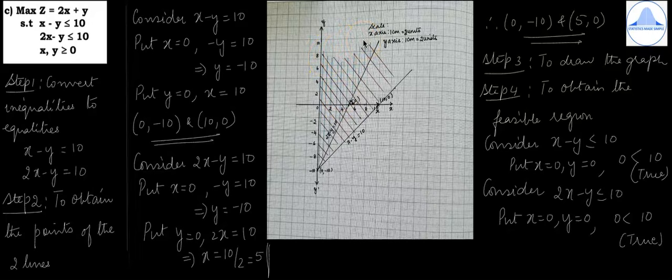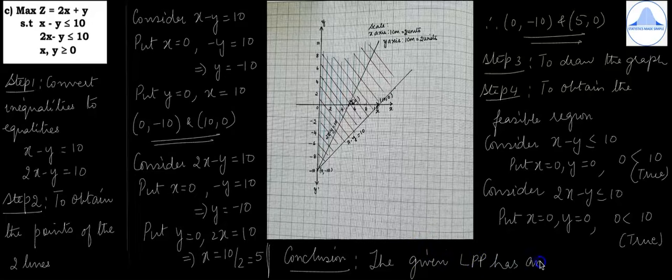Okay, so it means it is an open figure. So whenever a maximization problem has an open figure, then there is an unbounded solution. So conclusion will be the given LPP has an unbounded solution.